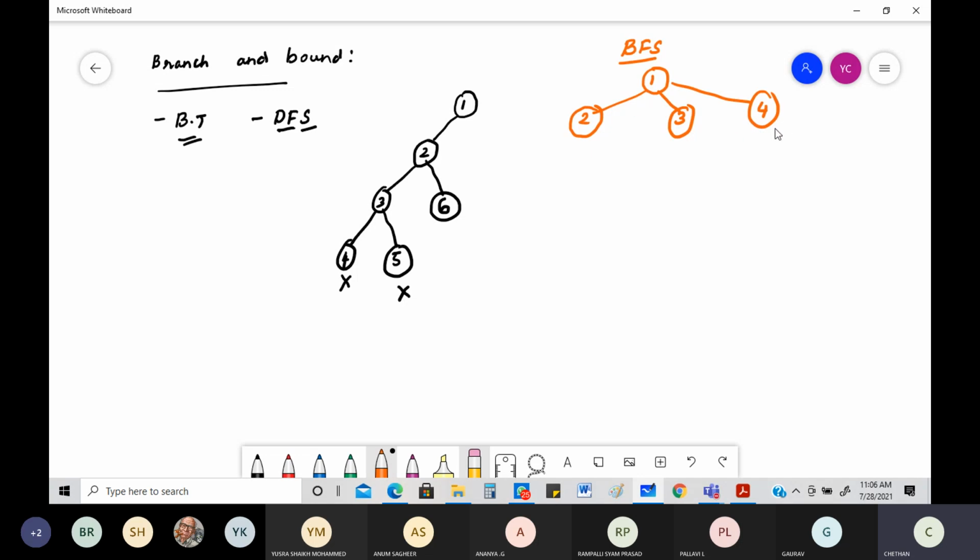Then if these are not working, only then you go to your 5 and 6. This is breadth first search, and this is nothing but your branch and bound technique. Very important for you to know.